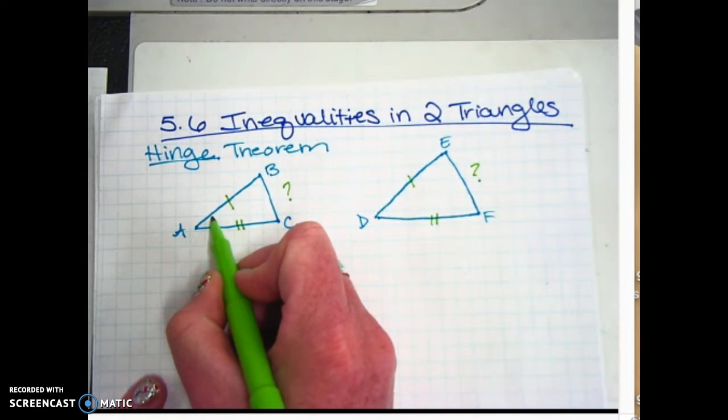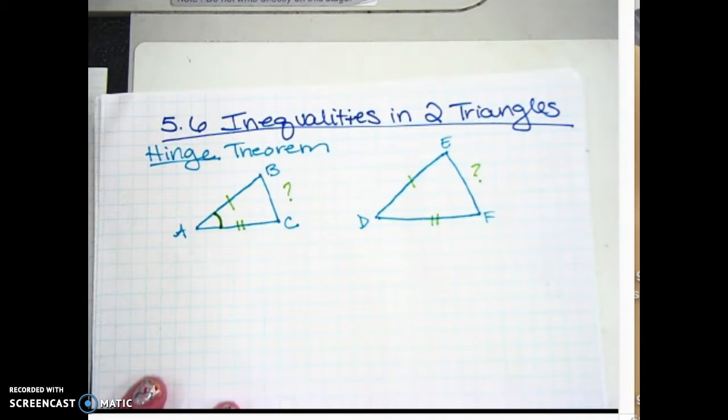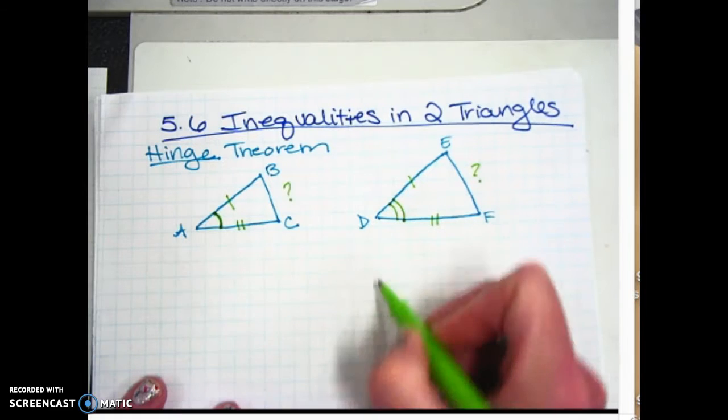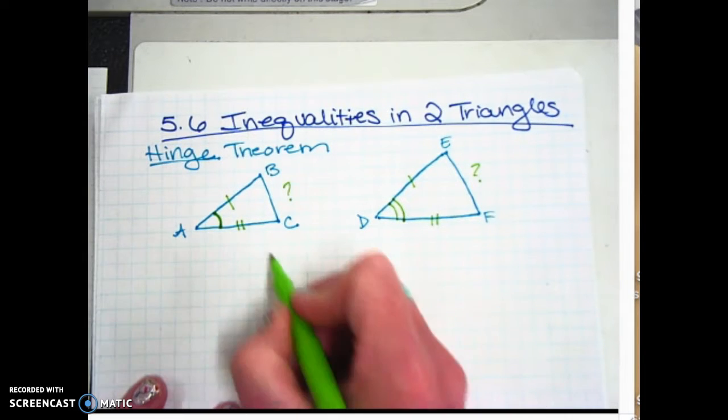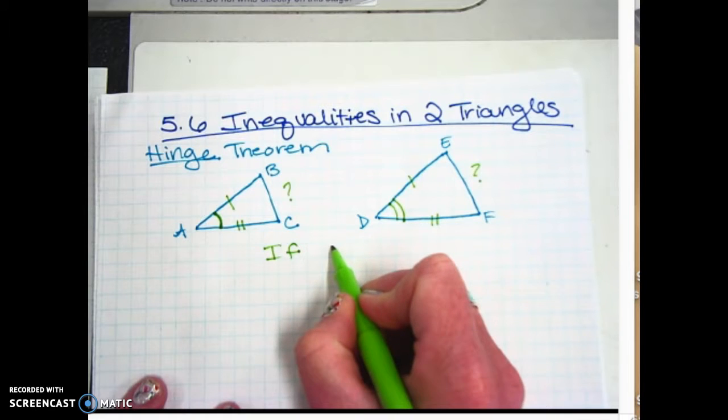So on angle A, we're going to put a small arc, and on angle D, we're going to put a double arc.